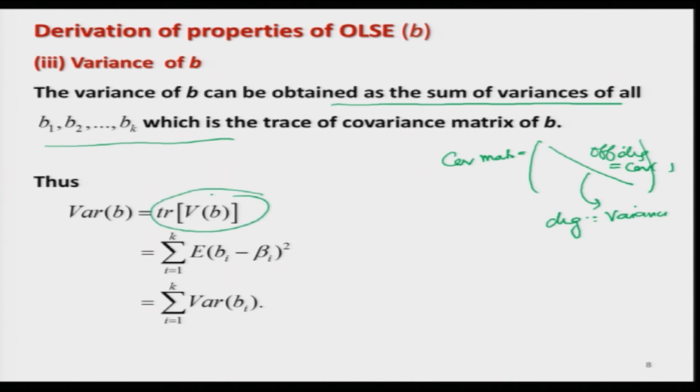So the variance of b can be defined as the trace of the covariance matrix. This quantity is the summation, i goes from 1 to k, of the expected value of (bi minus beta i) whole square, which is nothing but the sum of all the variances of bi, as simple as that.